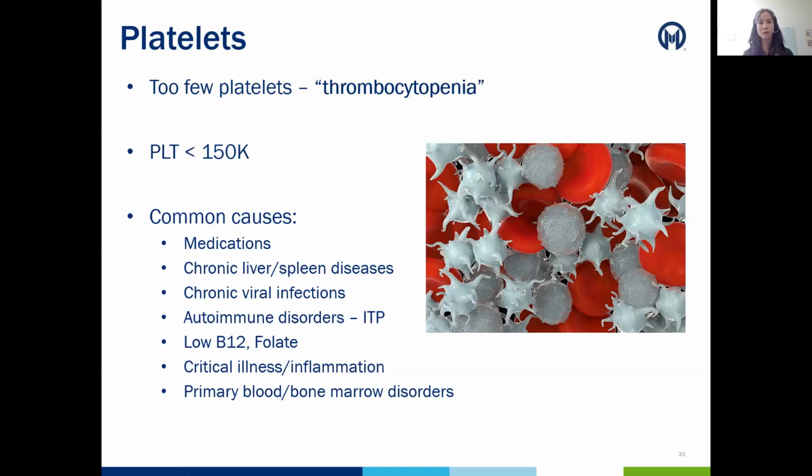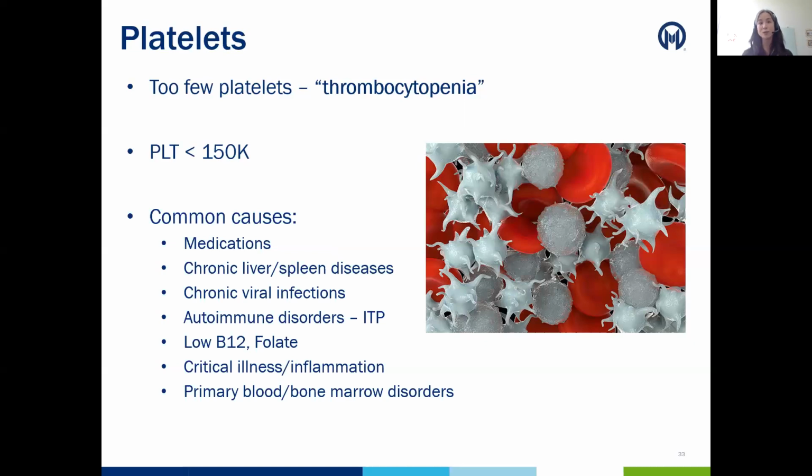People with chronic viral infections, from HIV to hepatitis B and C, it can very commonly cause low platelet counts. Many different autoimmune disorders, but most commonly we talk about immune thrombocytopenia, or ITP, can cause low platelet counts. Low B12 and folic acid levels. So B12 and folate help us to make our blood counts as well.